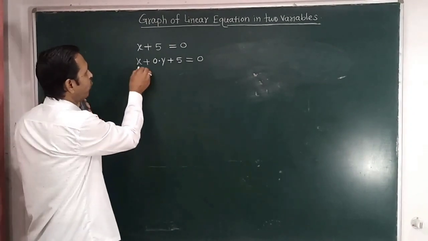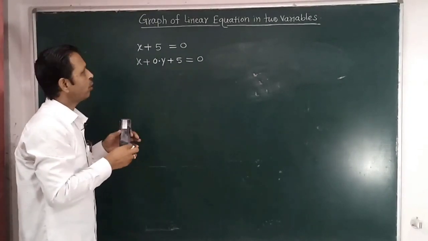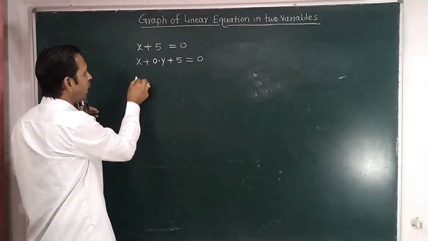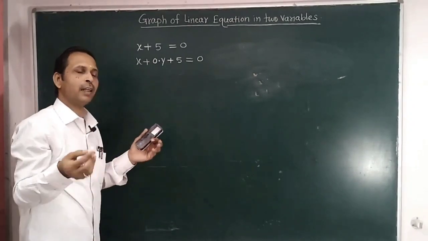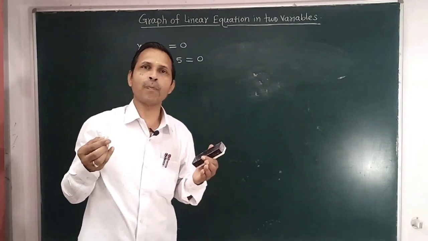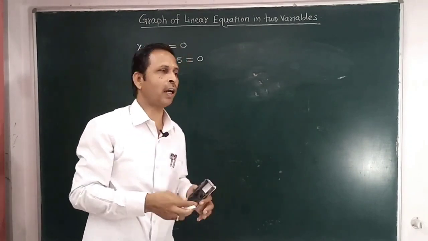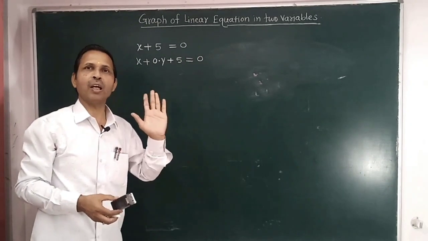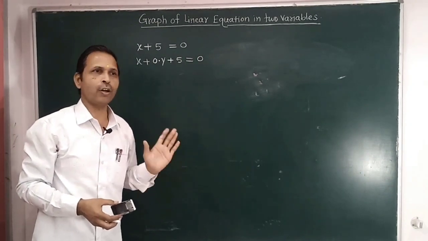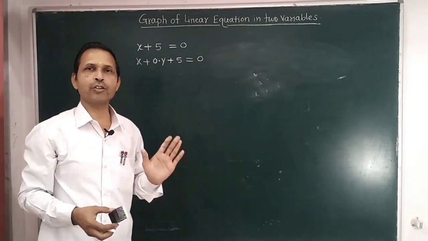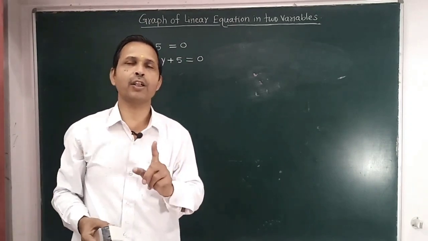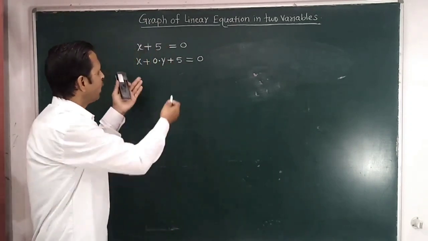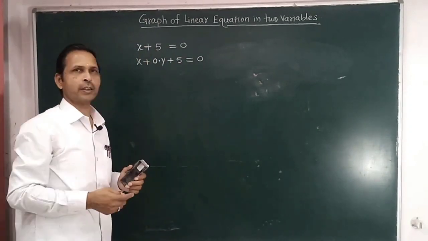To find the values of the variables x and y in this equation, we know that there are a number of pairs of solutions of one linear equation in two variables.